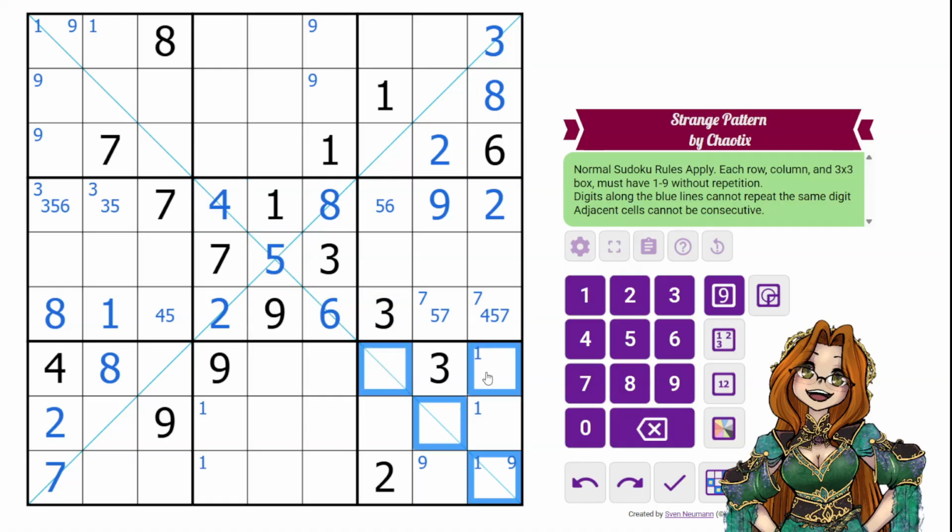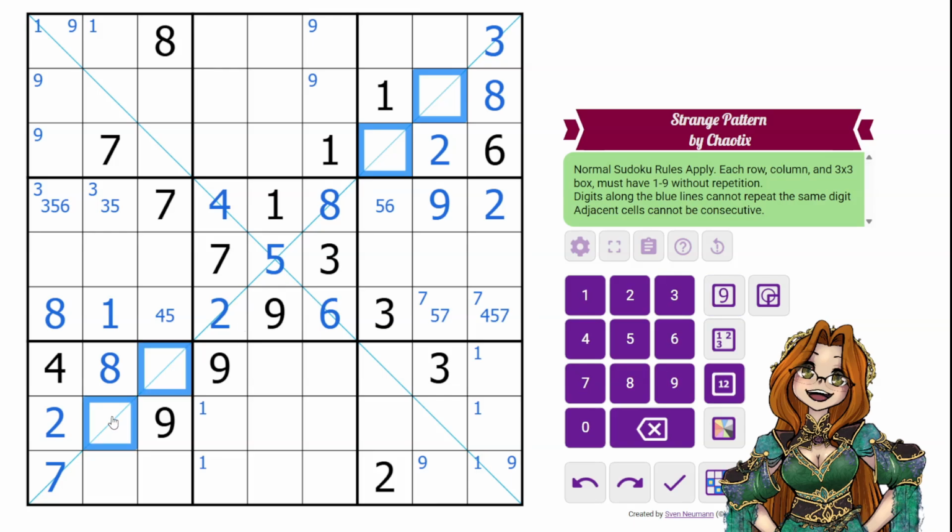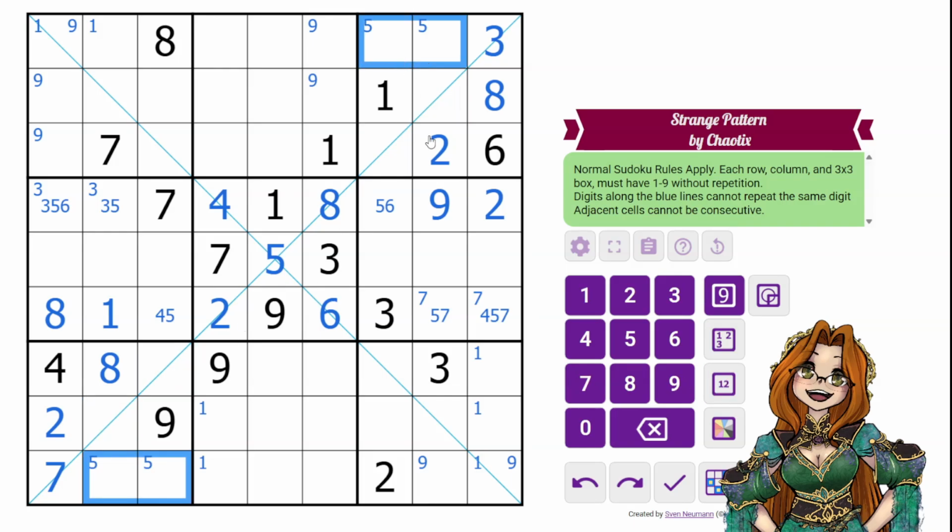4 can't go here or here. Not quite. 4 is in one of 3 places, but that just means a 5 can't go here, which it couldn't anyway, based on the diagonal. The 5, actually, because it can't be on the diagonal here, is gonna get a domino in both of these lines.